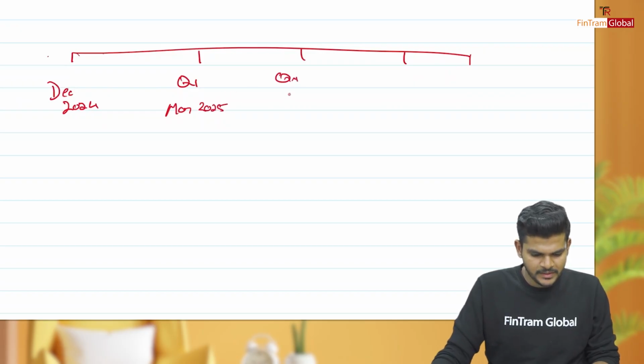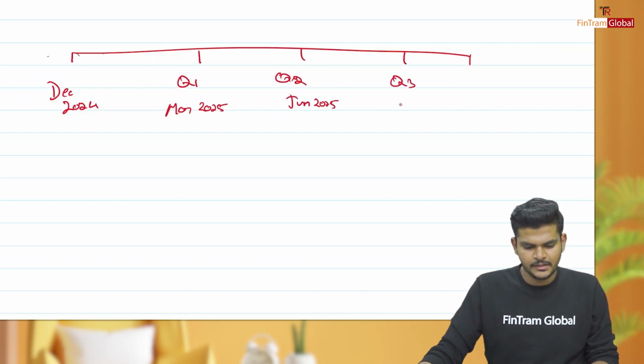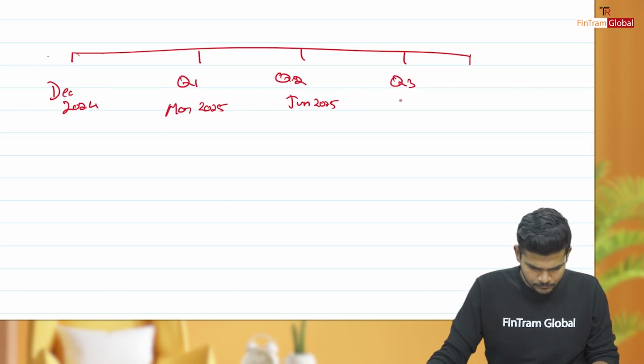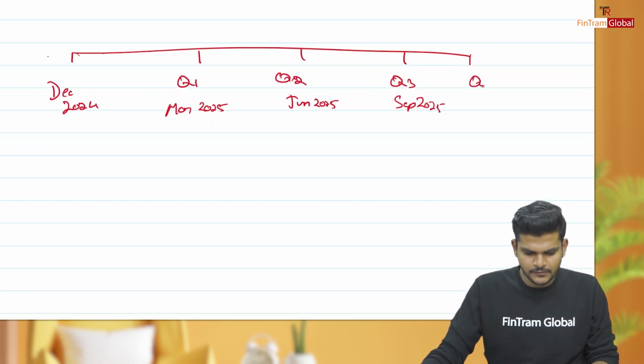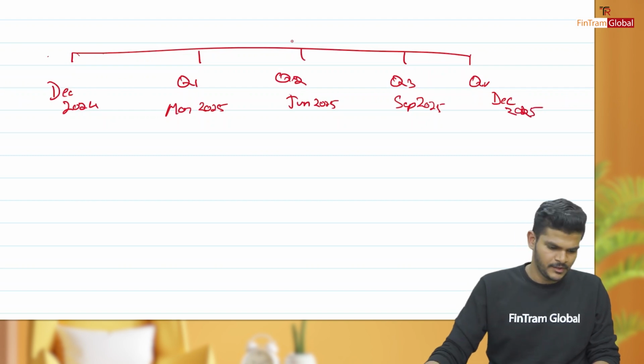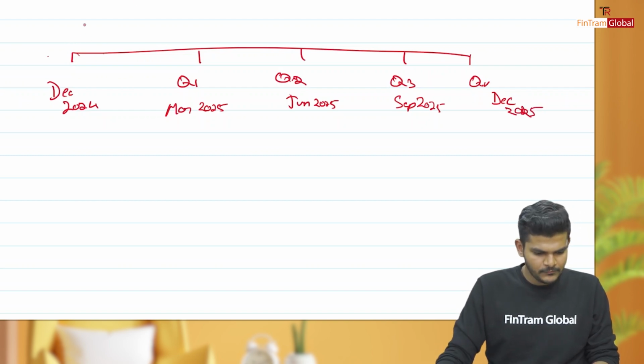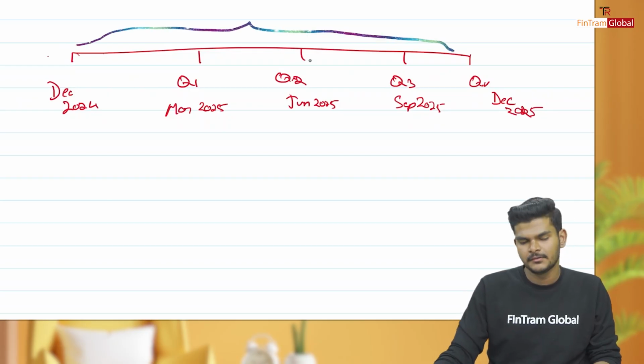Quarter 2 would be June 2025. Quarter 3 would be September 2025, and quarter 4 would be December 2025. Okay, folks. So, first of all, I'll be preparing my budget for the 12-month period over here, right?